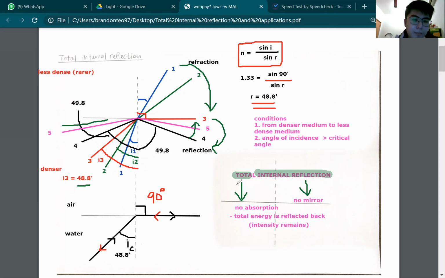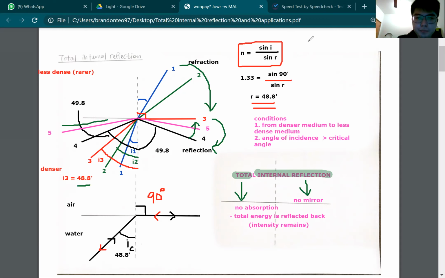This is what makes total internal reflection so interesting, and you can see it everywhere in your daily life. Later I'll talk about where you see it. You will see a very true picture, not like the image from a mirror. So that is about total internal reflection.